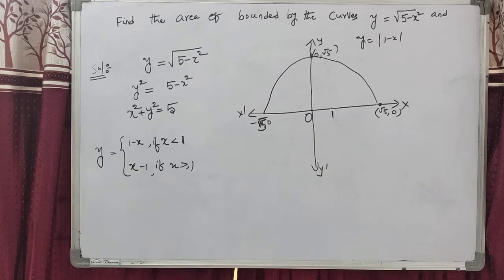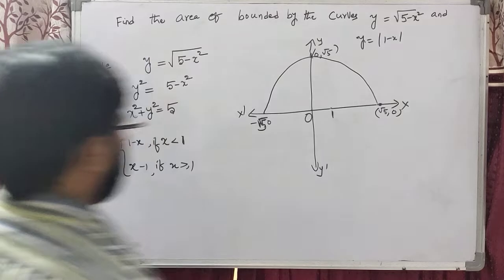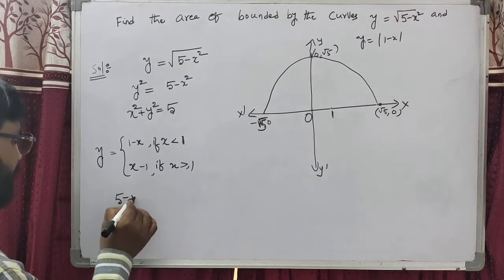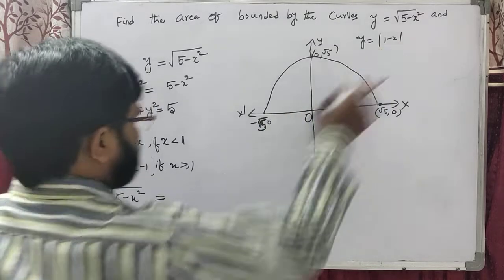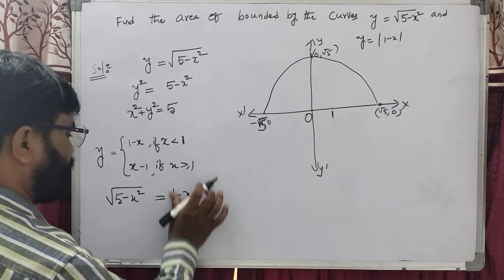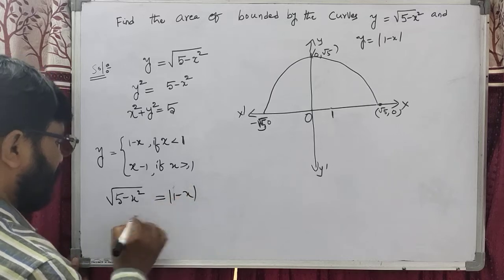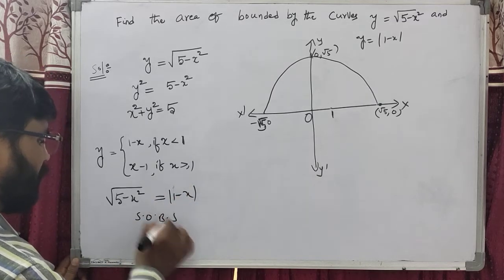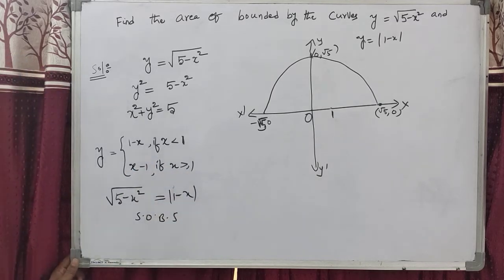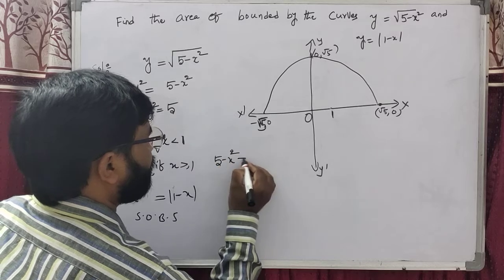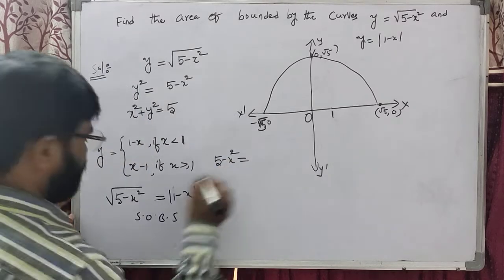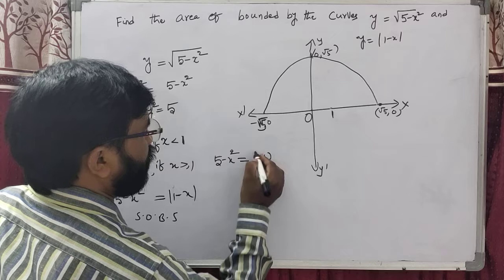Okay students, now here the two curves are there. One of them is the square root of 5 minus x square. The other curve is mod of 1 minus x. Now we square on both sides. We get 5 minus x square equals 1 minus x whole square.